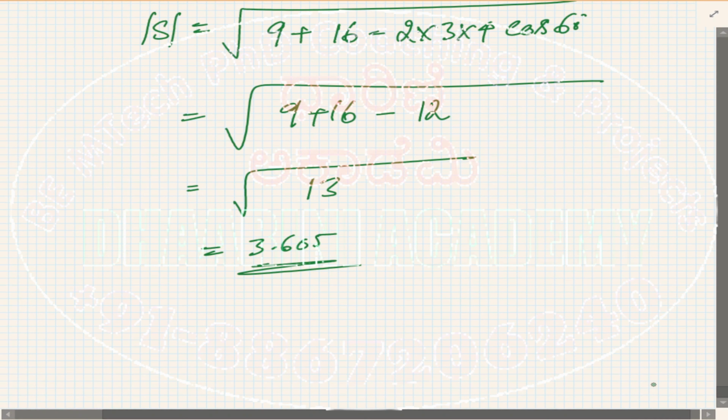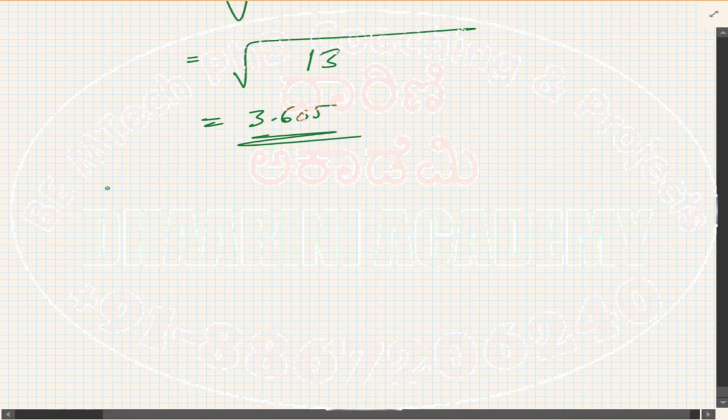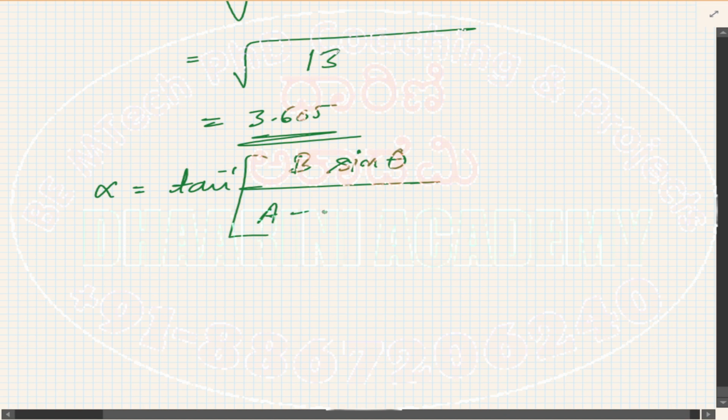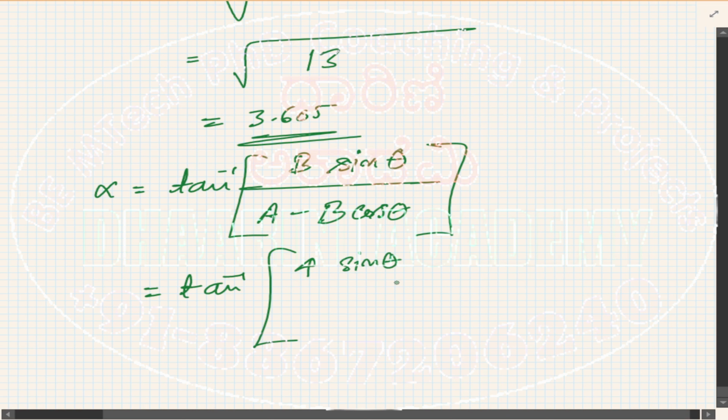Then now let's calculate the alpha for this case, right? So alpha is equal to tan inverse of b sine theta divided by a minus b cos theta, which equals tan inverse of 4 sine theta divided by 3 minus 4 cos theta.